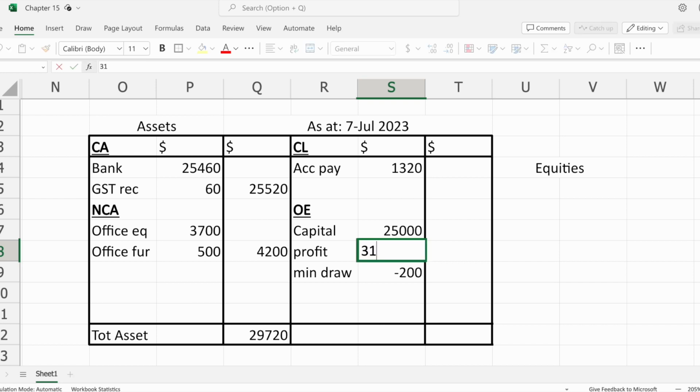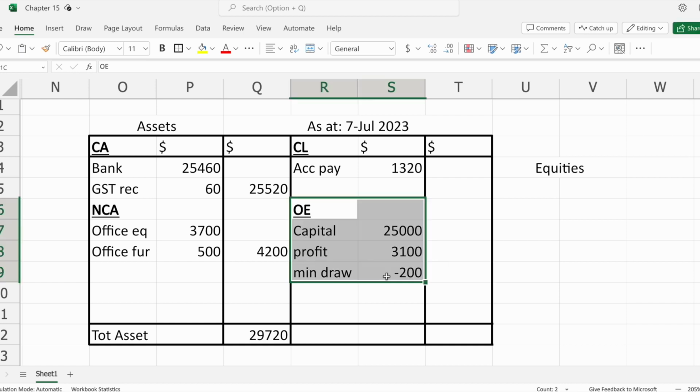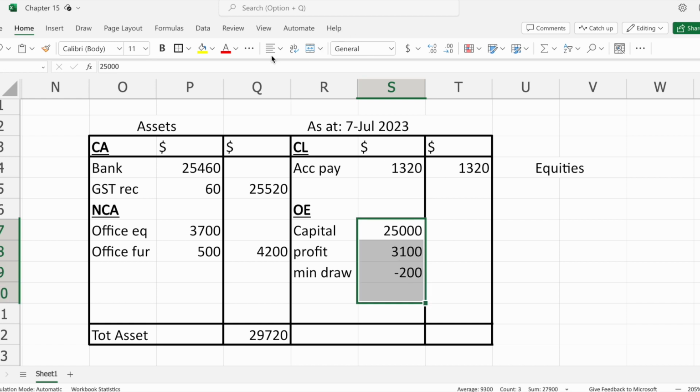But yeah, that's the amount of profit that's there. So owner's equity consists of these three elements. Now, of course, we total this. First we total the current liabilities, and then let's total this amount.